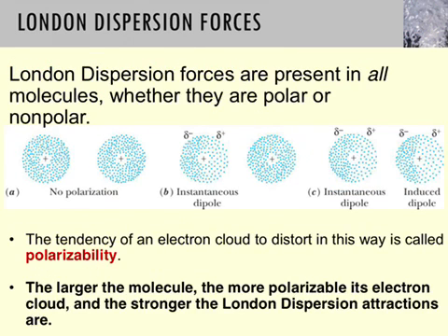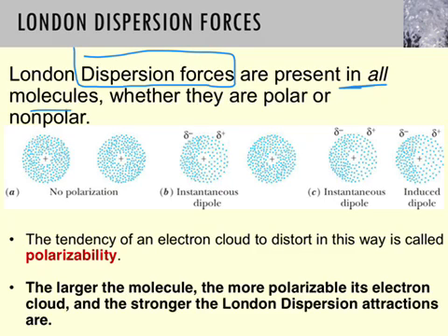All right, again, London dispersion forces are present in all molecules. A lot of people just call these dispersion forces, so I don't want that to throw you off. So what makes some molecules have stronger London dispersion forces than others? There are a couple of factors that determine the strength of it.